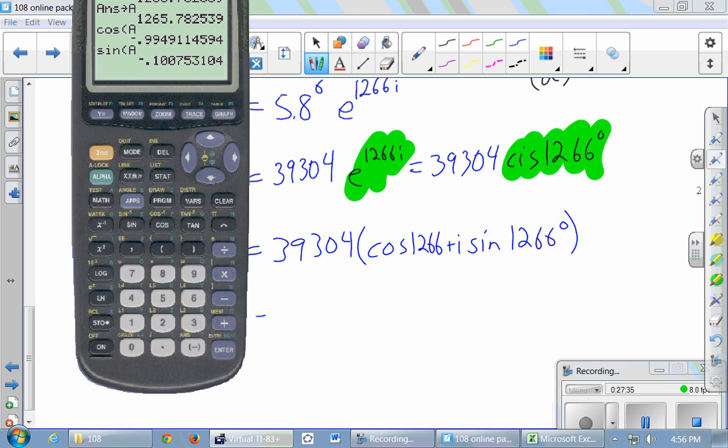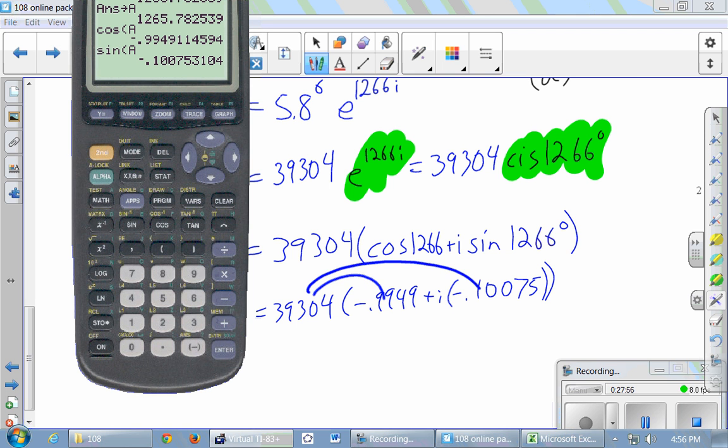Okay, so this equals 39,304 times, what did we get first? -0.9949 plus i times -0.10075. Let's put that in parentheses. Okay, and then we're going to distribute the 39,304 into both terms.